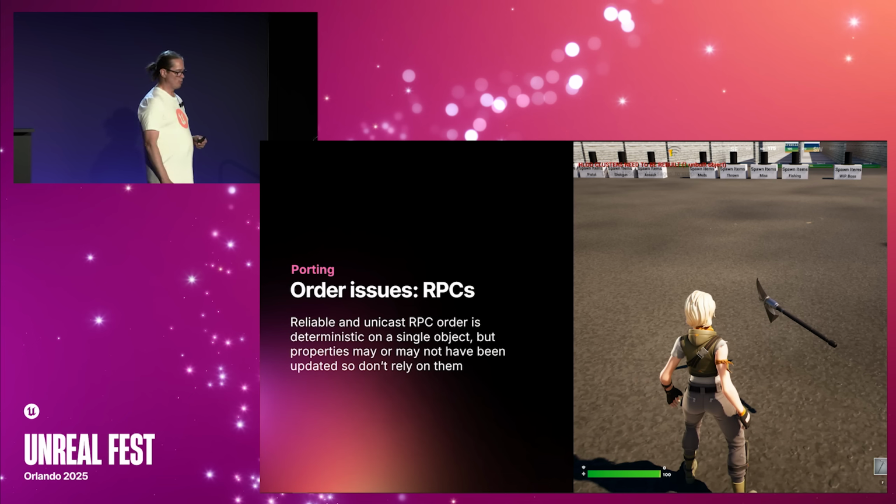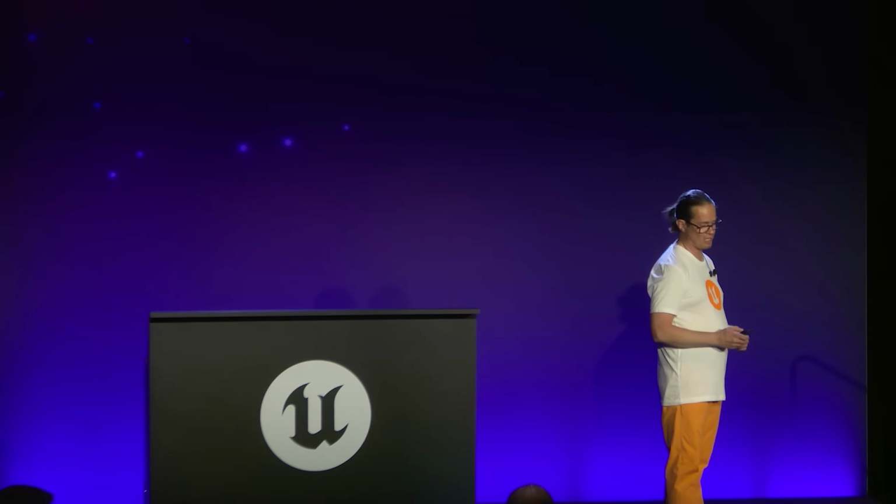Even if you update the property and send an RPC in the same frame on the server side, it doesn't mean they end up in the same packet or will be received on the same frame on the client side. And if you have pointers to objects or anything else, they may require a sync loading or an actor to be replicated. So you never know when those are going to be updated, really.